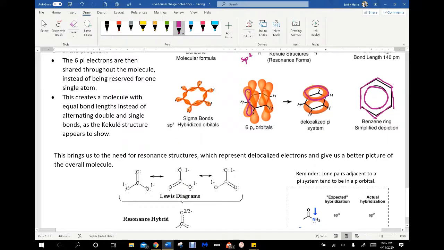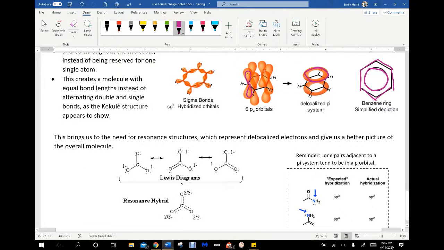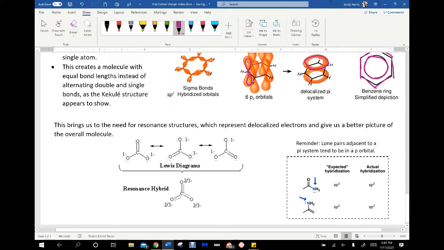And so this is going to bring us to the need for our next lesson, which is the idea of resonance structures. We've talked about that a little bit before, but we're going to go deeper and show how we can go beyond the formal charge and start representing when electrons are no longer reserved for one atom, but can be delocalized and better give us a picture of the overall molecule, okay?